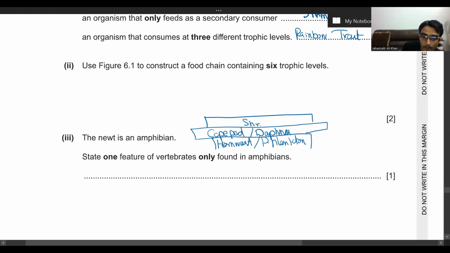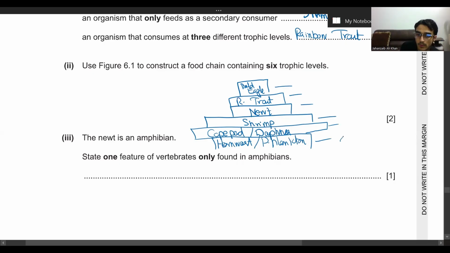Mr. Shrimp. He is going to be fed on by a newt. Newt's going to be fed on by the rainbow trout. And the rainbow trout is going to be fed on by the bald eagle. So we got one, two, three, four, five, and six trophic levels.